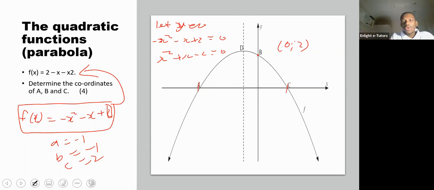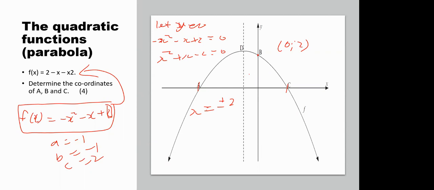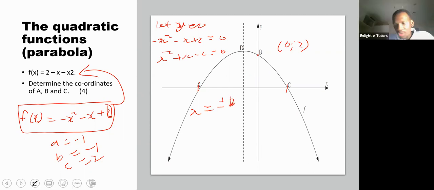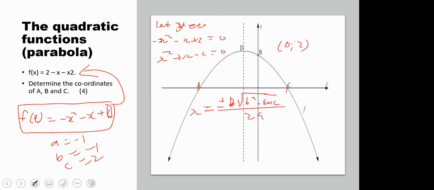And then you can use the quadratic equation that x is equal to minus b plus or minus the square root of b squared minus 4ac, divided by 2a.